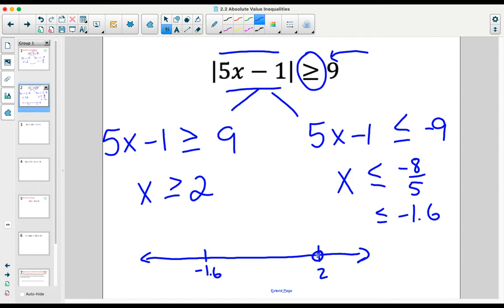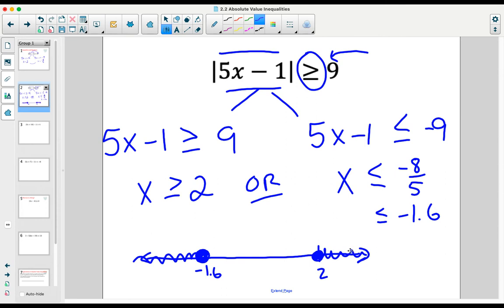We want to be greater than or equal to 2. We want to be less than or equal to negative 1 6/10. This is very clearly an OR situation where we have numbers outside of those regions that are the solutions. And if you really want to convince yourself that those numbers are the solutions, feel free to pick a number from those shaded regions and try them.